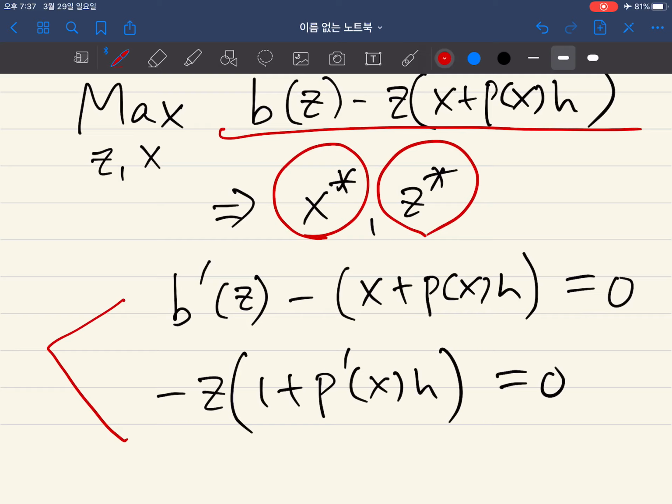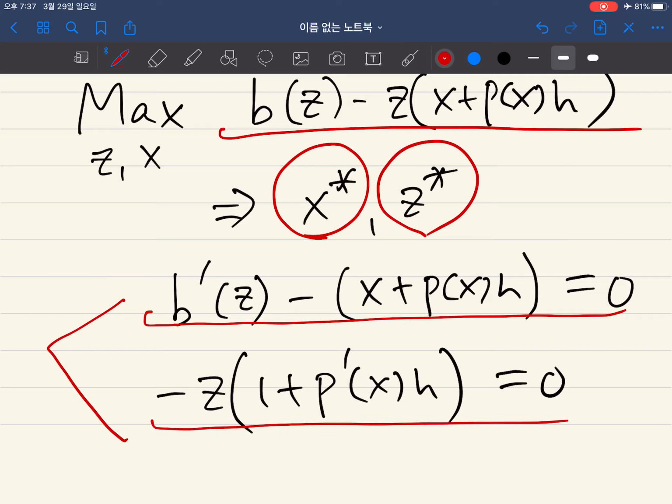So we have two equations and two unknowns. We solve these two equations, then we get the solution X star and Z star. So X star, Z star must satisfy these two equations.